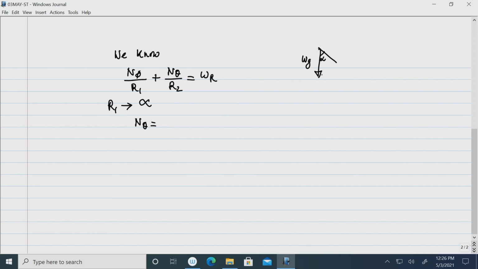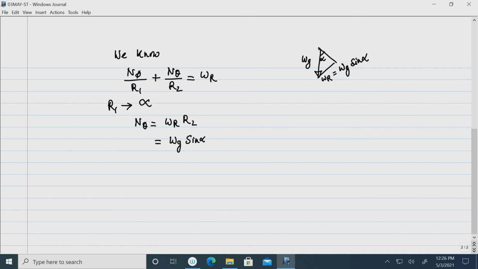So, naturally this w r that we calculate is w g sin alpha. So, we now get this component of the load as w r. So, n theta is r2 into w r, where w r is w g sin alpha.